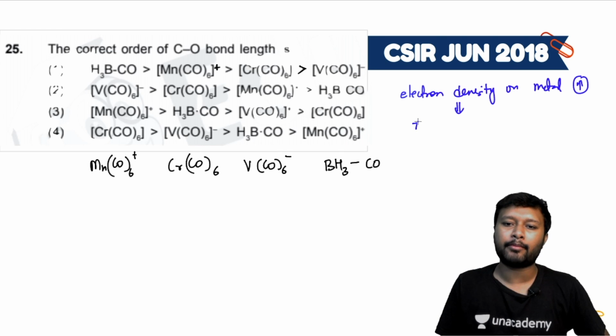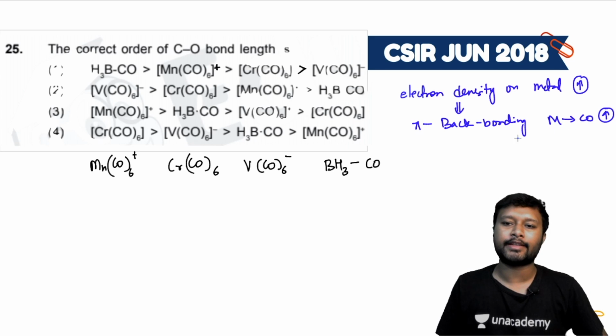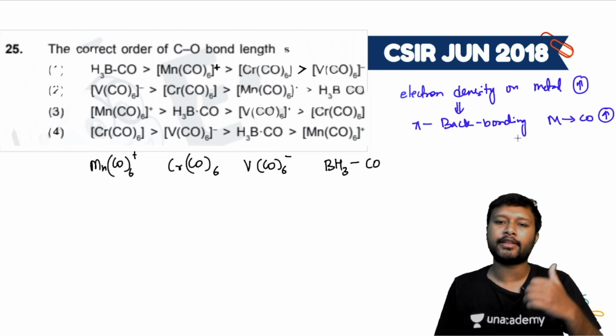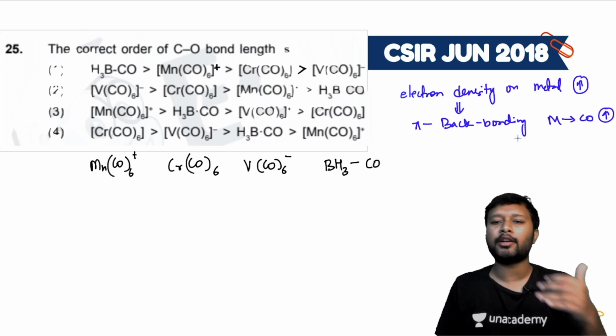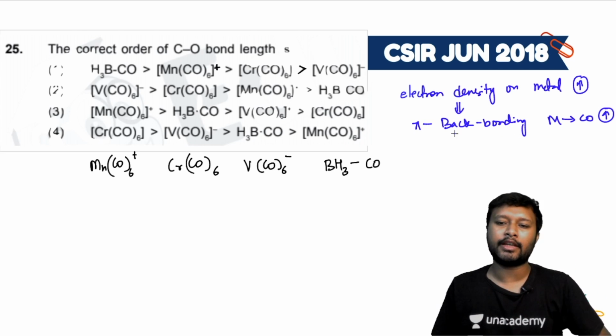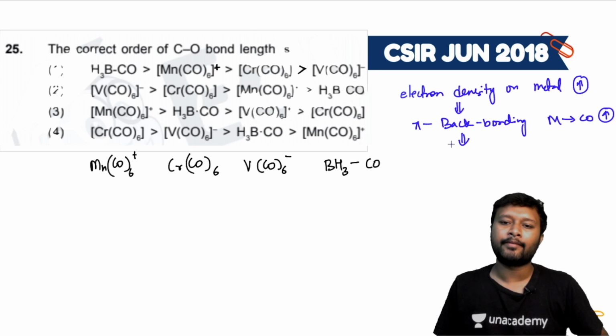The pi back bonding, from the metal to the carbonyl, also increases. As the electron density on the metal increases, the pi back bonding towards the carbonyl increases.